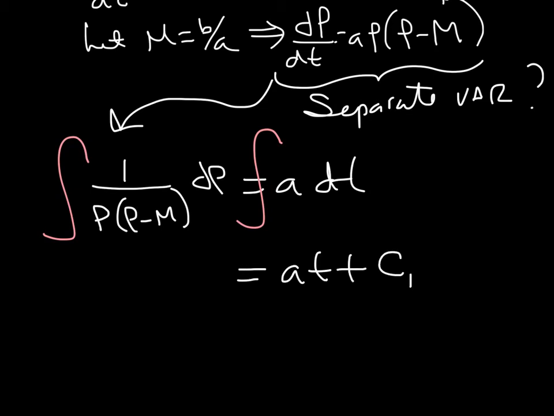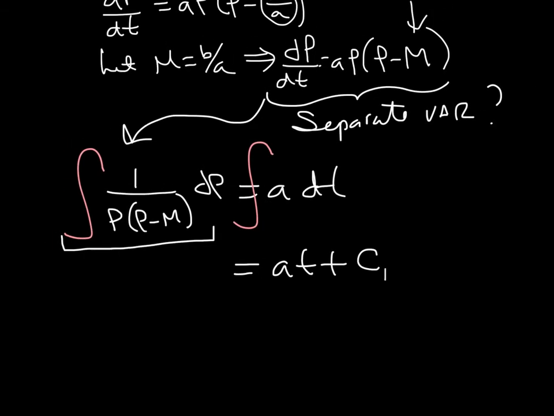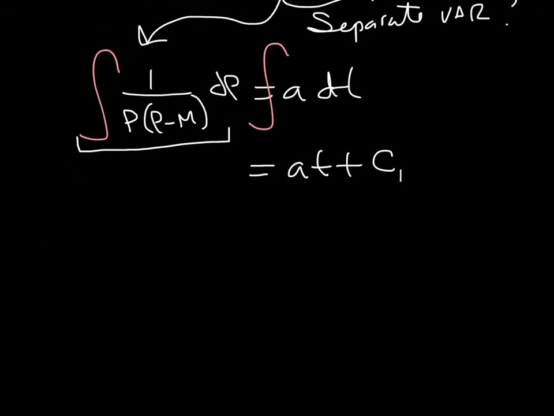But this integral, from calculus, you're going to use partial fraction decomposition. So here, remember when you want to do partial fractions, so this is maybe on the side if you'd like. PFD, partial fraction decomposition.